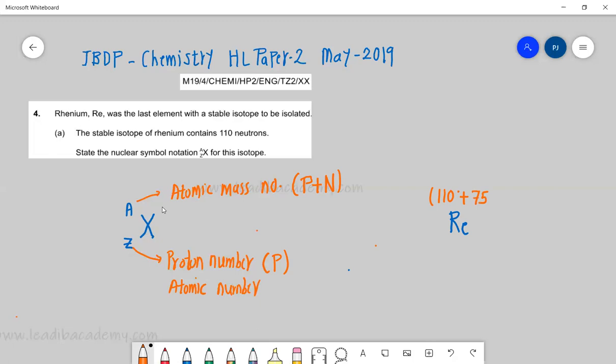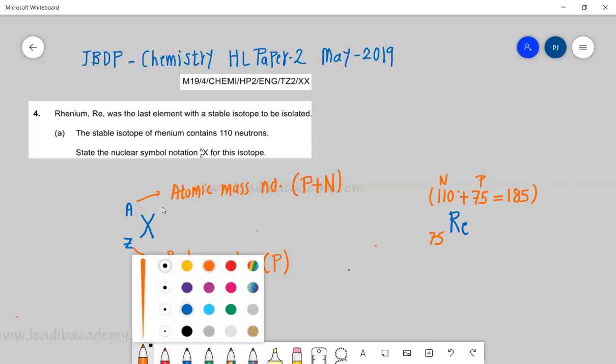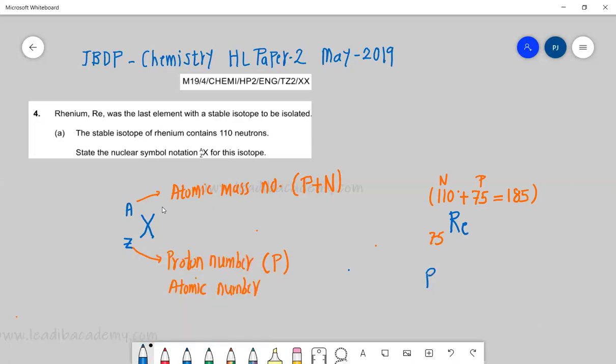So 110 are neutrons, and protons are nothing but the atomic number, 75. That gives us 185, and at the bottom we write 75. So in short, rhenium will be indicated like Re, 75, 185. Very straightforward.